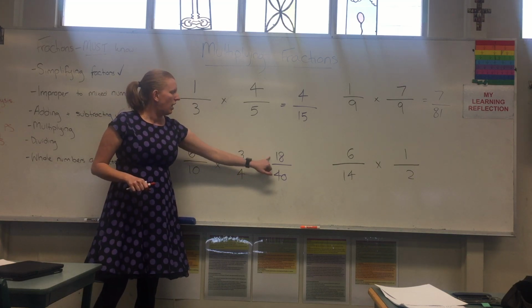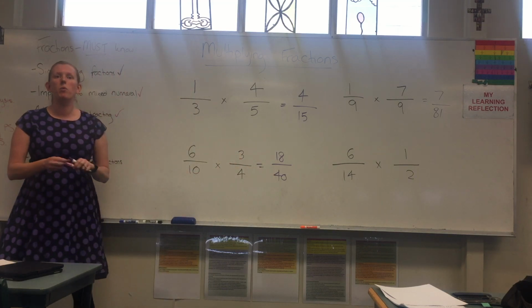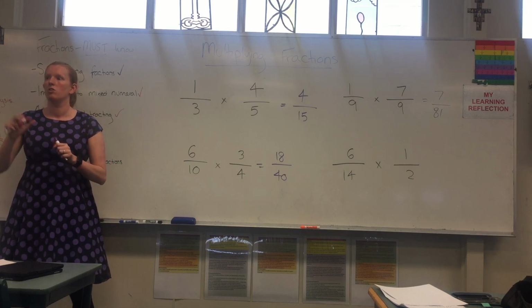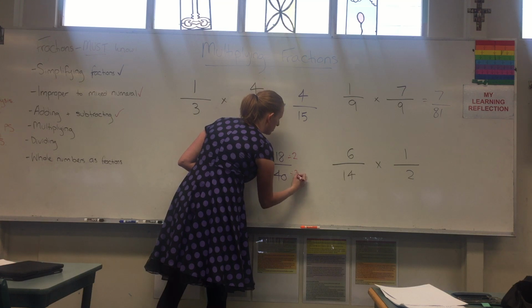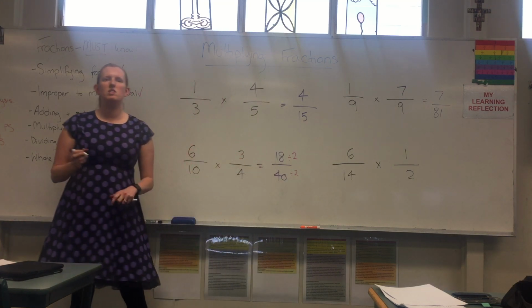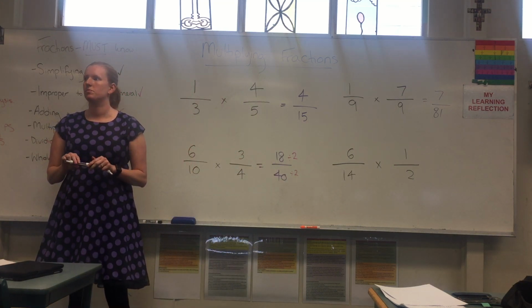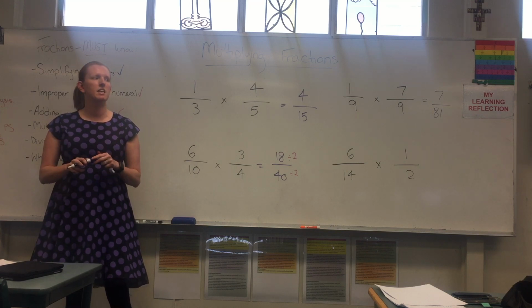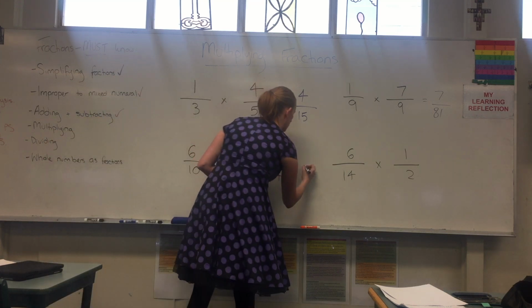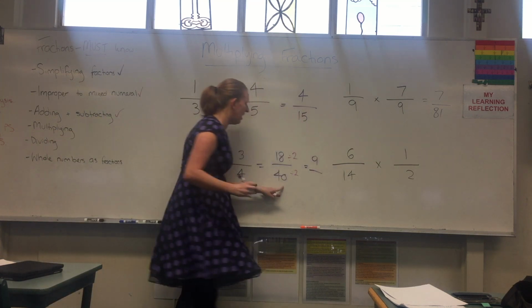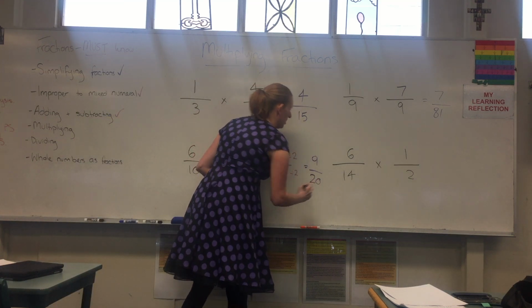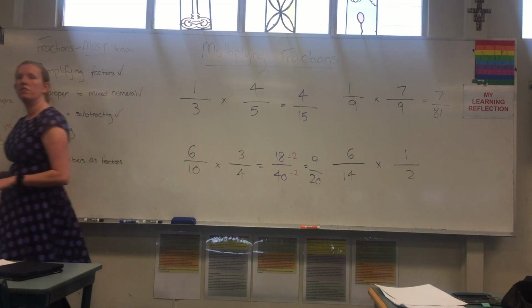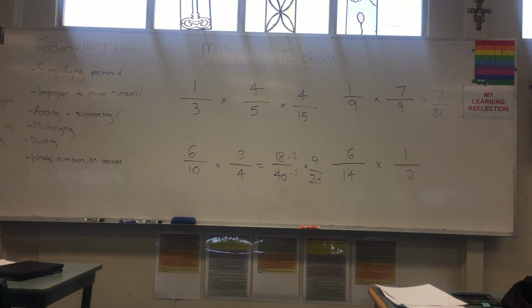So, I'm going to divide the top and the bottom by what? 2. Divide by 2. How many 2s fit in 18? What's half of 18? 9. What's half of 40? 20. I can't simplify any further, so that's it.